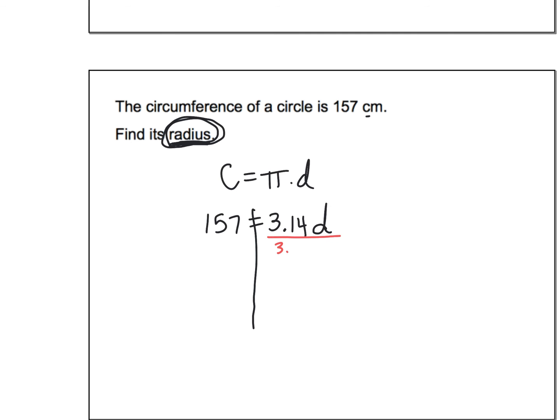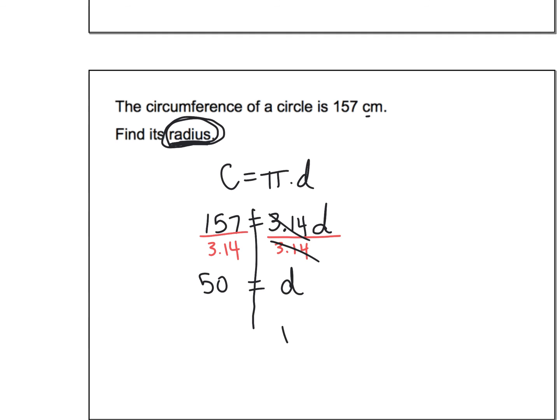So I divide both sides by 3.14. 3.14 divided by 3.14 leaves me with D on the right side. And 157 divided by 3.14 leaves me with 50 on this side. So 50 is my diameter.